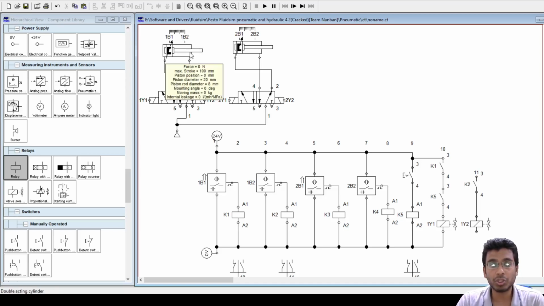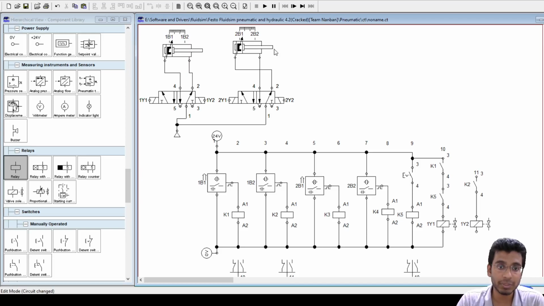Now the question says, when this cylinder 1 has completely extended, only then your cylinder second should extend. That means what should be your condition for the extension for the second cylinder? 1B2 active. Good. That means there should be an output from the 1B2. That means your K2 relay.